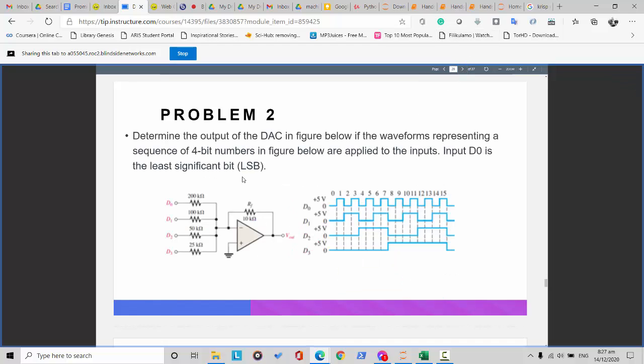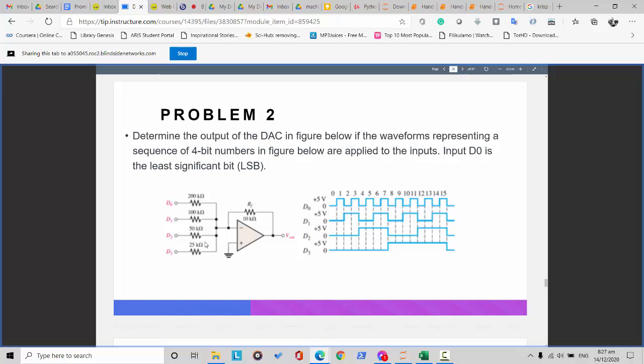So as a problem, we are asked to determine the output of the DAC in the figure below. If the waveforms representing a sequence of 4 bits in the figure are applied to the inputs, input D0 is the least significant bit. So the lower the bit, the higher the resistance, and the higher the bit, the lower the resistance.